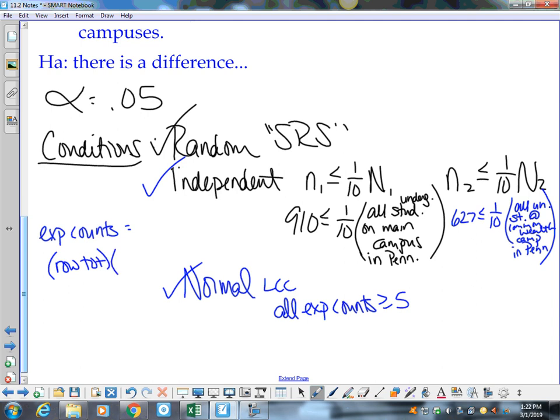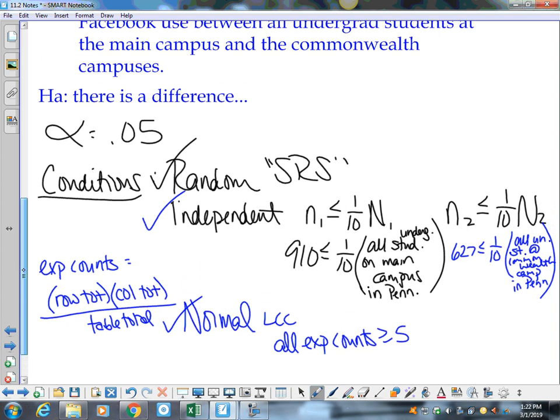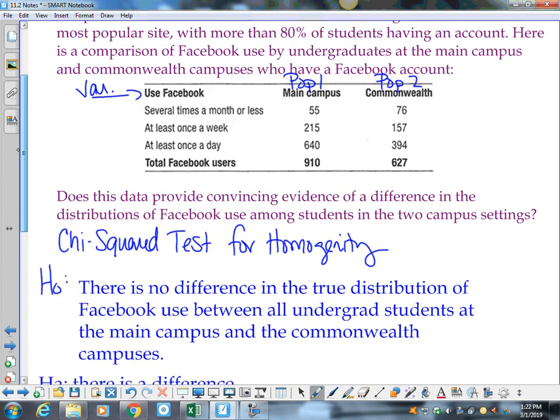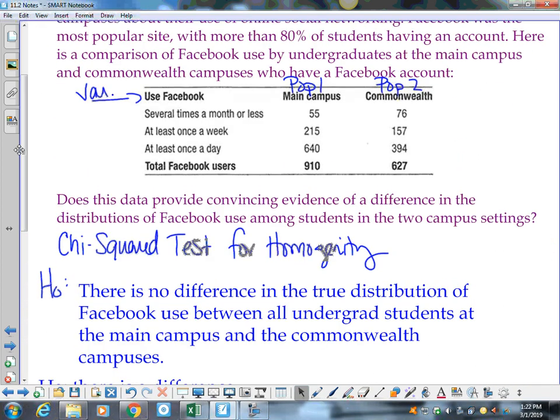Row total, column total. I think either is okay. I think just write total.